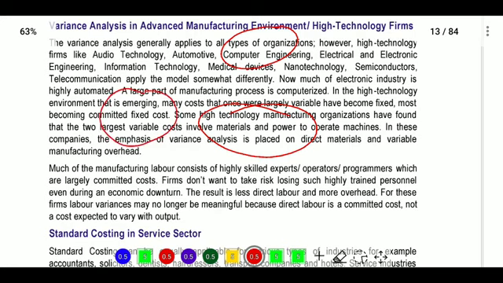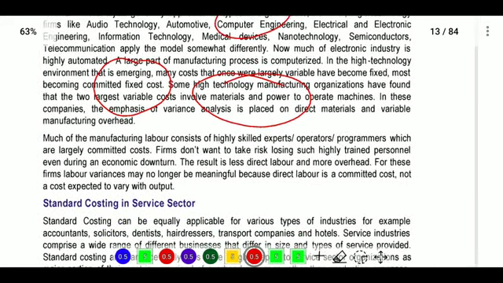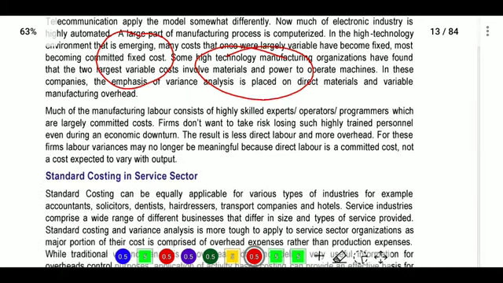In these companies the emphasis of variance analysis is placed on direct material and variable manufacturing overheads. For these firms, labor variance may no longer be meaningful because direct labor is a committed cost, not a cost expected to vary with output. Much of the manufacturing labor is highly skilled.